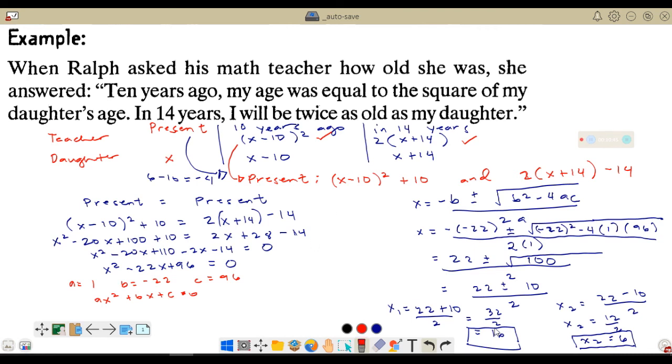So, the correct answer here is 16. So, presently, the age of the daughter is 16. Since alam na natin ang value ni x, magpili tayo ng isa sa dalawang formula natin to get the value of the age of the teacher in the present.